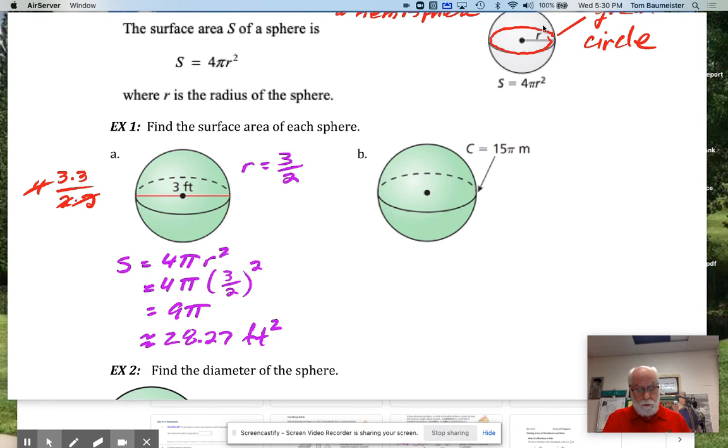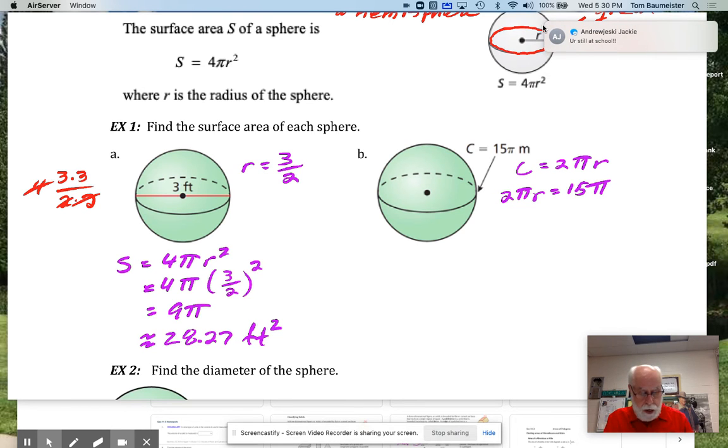B. On this one here, they're giving us the circumference of the great circle. So they're telling us that the circumference is 15 pi. Remember that circumference is equal to 2 pi r. So then 2 pi r is equal to 15 pi.